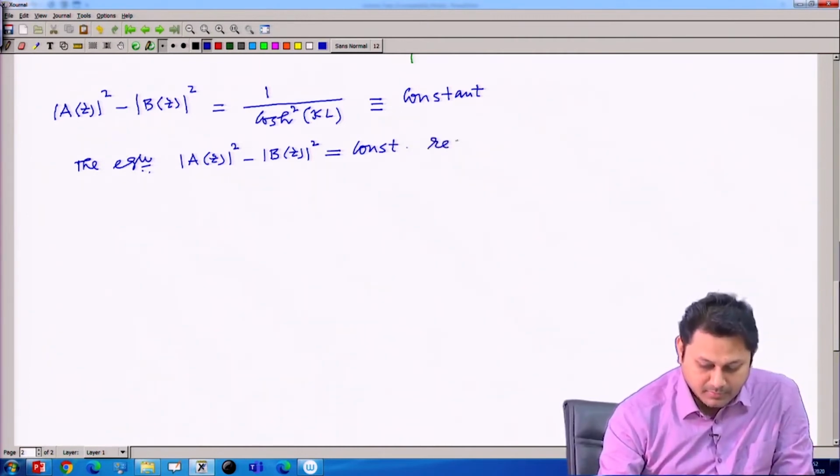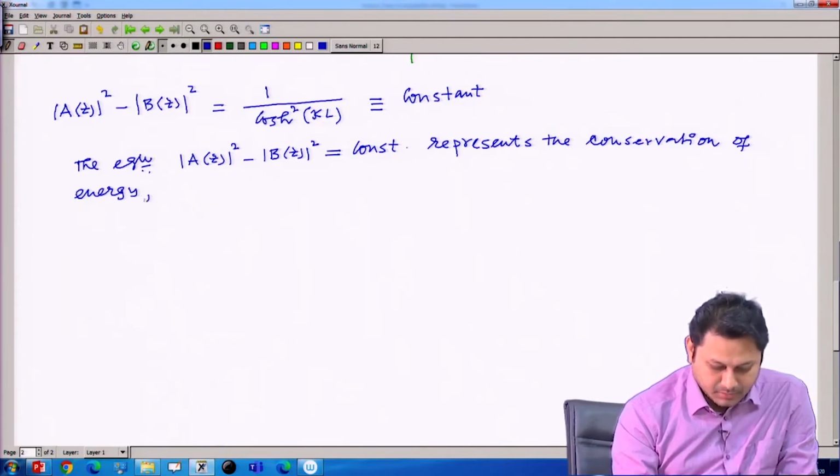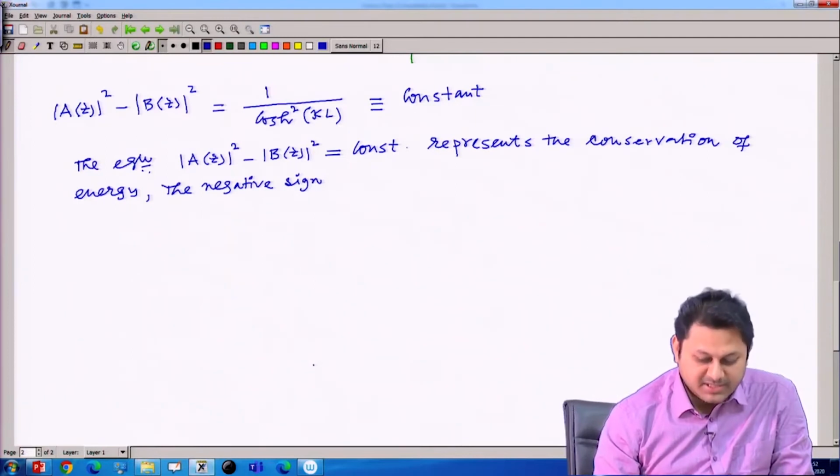Represents the conservation of energy. The negative sign, because normally mod of A z square plus mod of B z square is equal to constant.